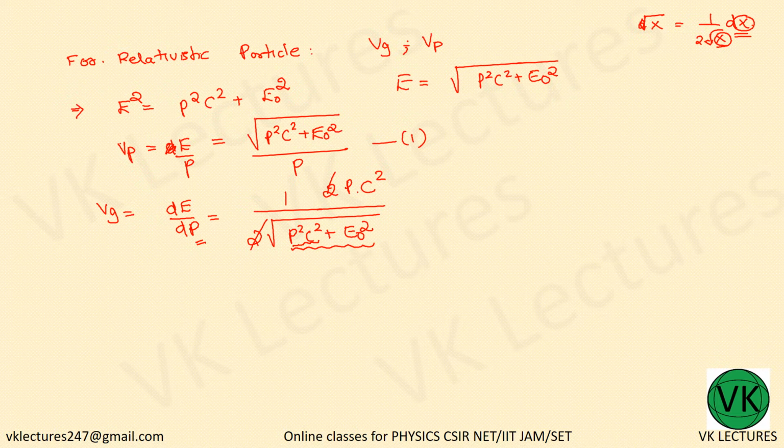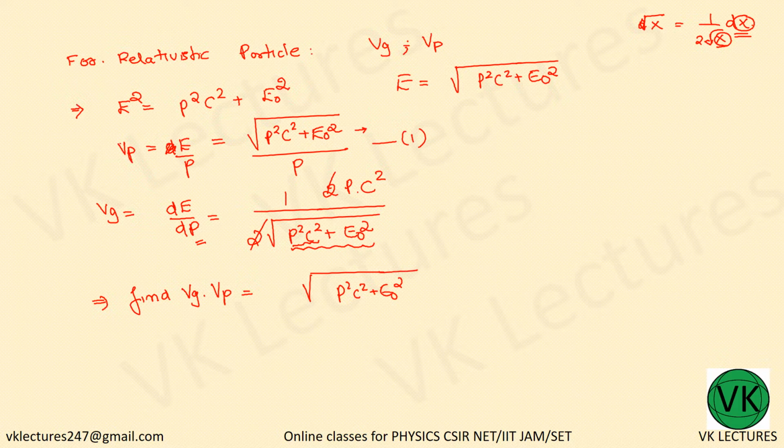Now the question was to find Vg times Vp. Before going to anomalous dispersion or normal dispersion, we'll just find out Vg and Vp. Now Vg dot Vp is equal to root of p square c square plus E naught square, by p, into p c square divided by under root of the same.